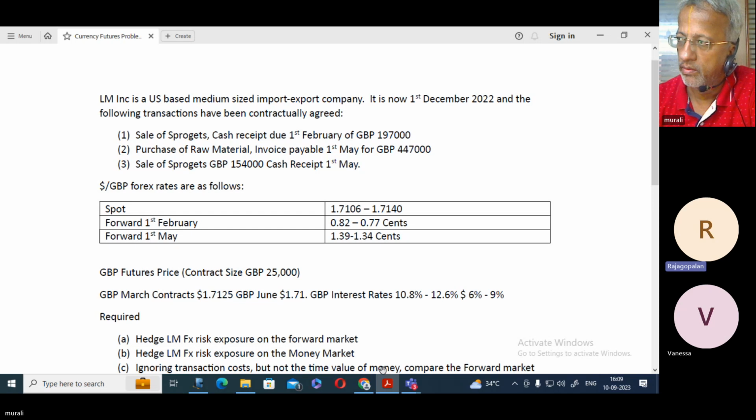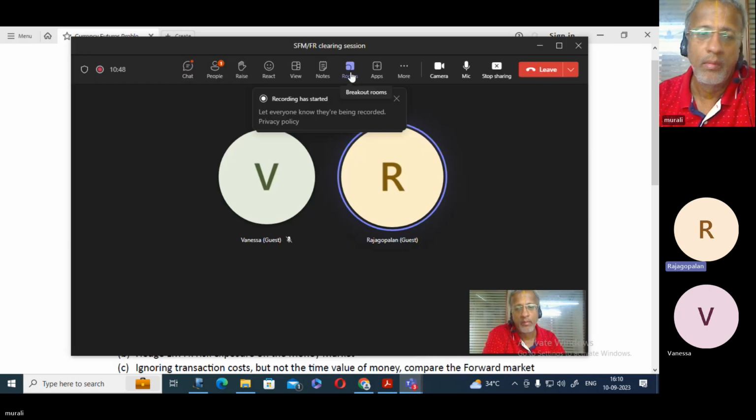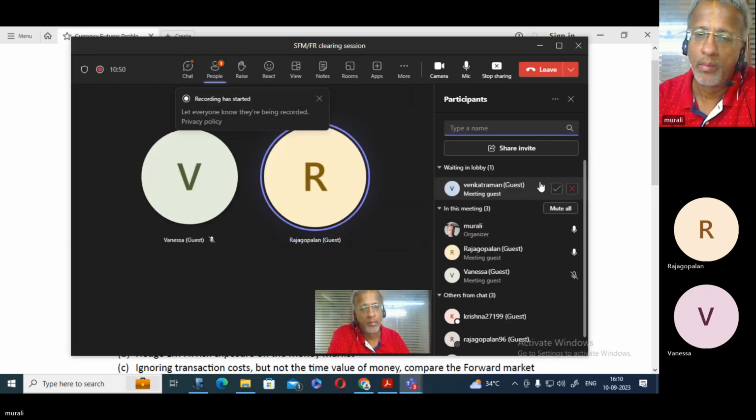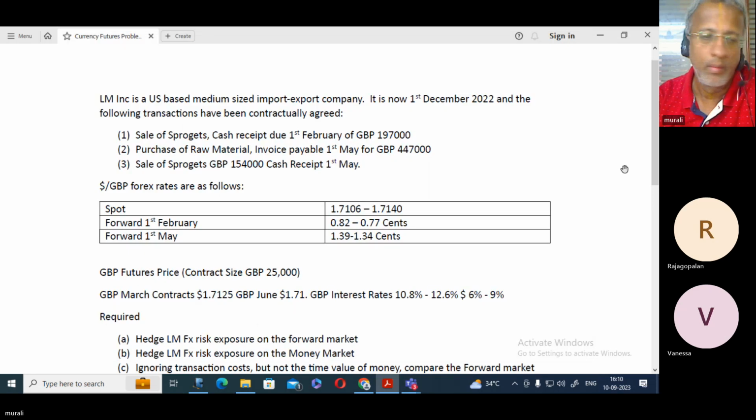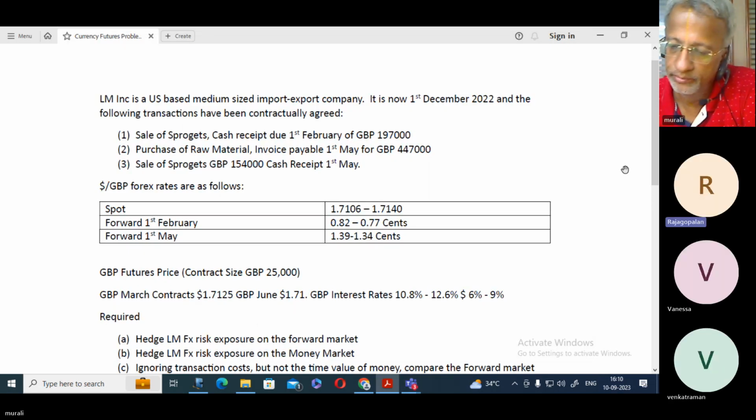Sale of Sprockets GBP 1,54,000, cash received 1st May. Dollar for each GBP, forex rates are as follows. Spot 1.7106 is to 1.7140. Forward for 1st February 0.82 is to 0.77 cents. Forward 1st May 1.39 is to 1.34 cents.